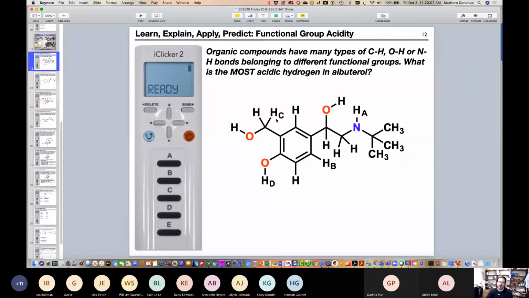Look at HC and HD. So HC is bonded to carbon. If I would have said, instead of HC being here and HC was there, those are both alcohols, right?